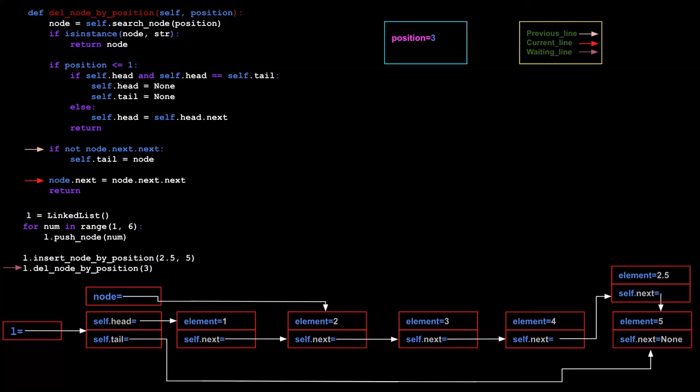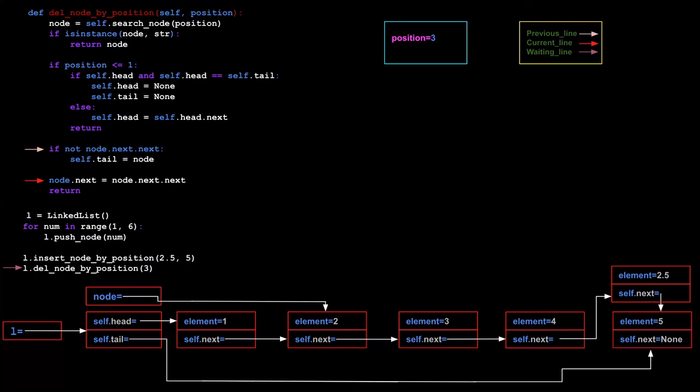Go ahead and access that field and go to the next node, which is the node that contains element 3, and access the field down there, which is an address that points to the node that contains element 4, and take that address and assign it to the field of the node that the pointer node is pointing to right now, which is the one that contains element 2. And that's how we delete the node that contains element 3.